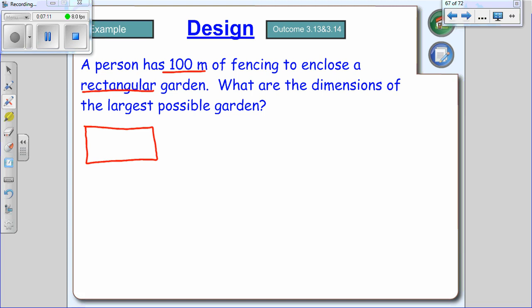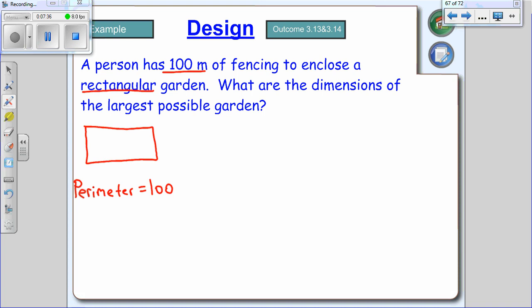Think, without thinking about actual math, like y's and x's. If I told you you have 100 meters to build a fence, that means your perimeter equals 100. I think that's the area around the outside. That's how much material you have.